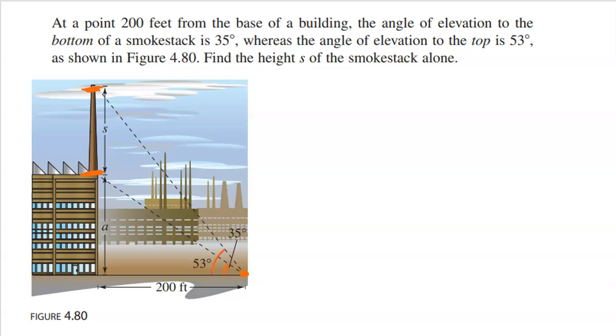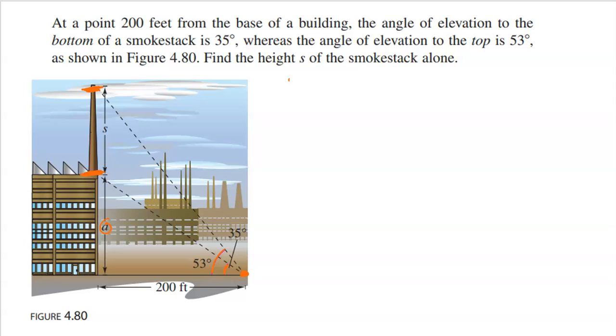All right, so they want me to find the height of the smokestack. This is actually pretty easy. I think you're going to understand this very easily. Notice that I did not ask you to find the height of the building, A, but it is necessary because that's this small triangle. So let's look at the 35-degree small triangle that is looking up to the top of the building, or the bottom of the smokestack.